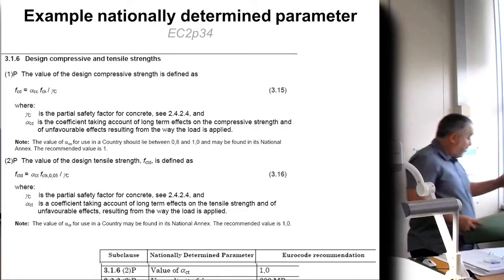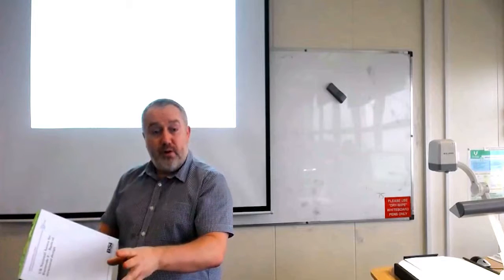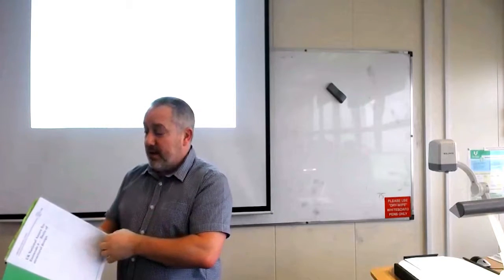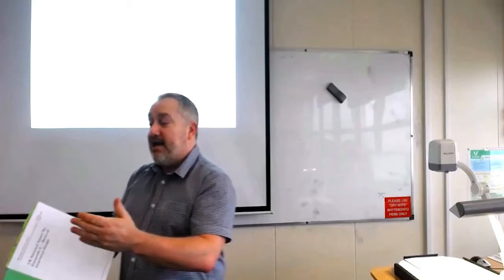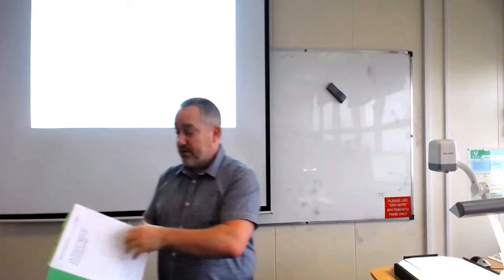If I look at my extracts right now, we've got Eurocode 0, 1, then 2. Firstly, I give you the national annex for Eurocode 0, and then we flick over a couple of pages, and we might have a green page, and that tells you that you're now in Eurocode 0.